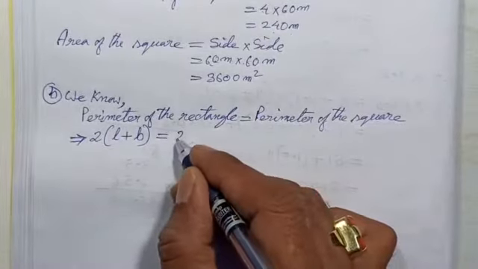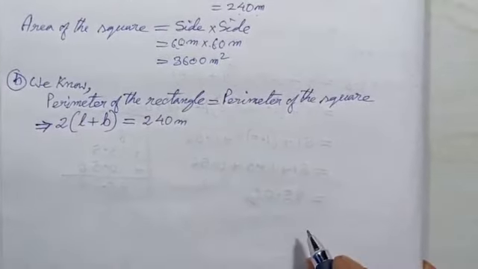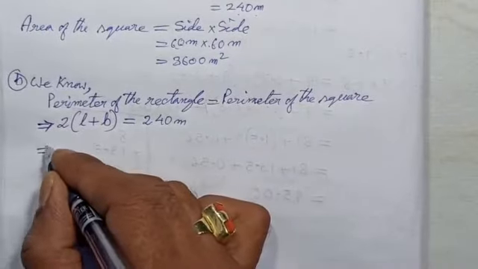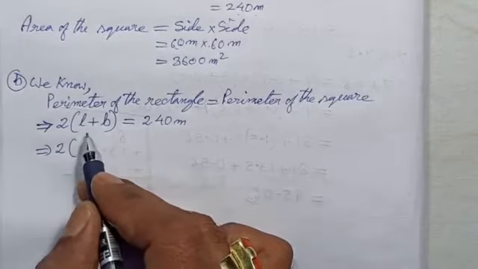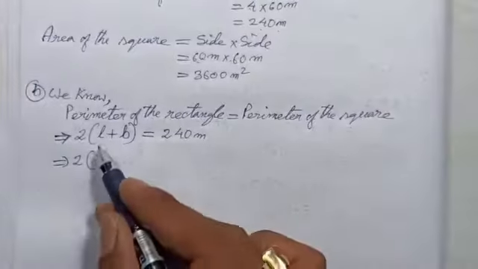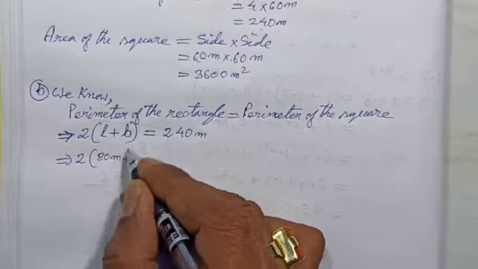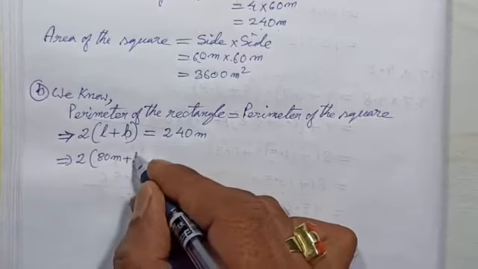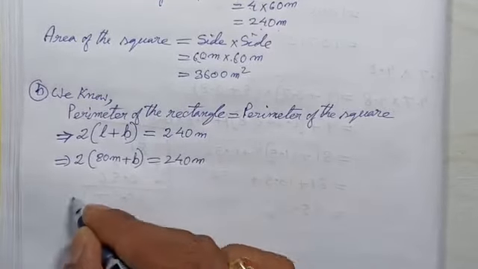So 2 times the length of the rectangle, which is given as 80 meter, plus breadth, which we don't know, is equal to 240 meter.